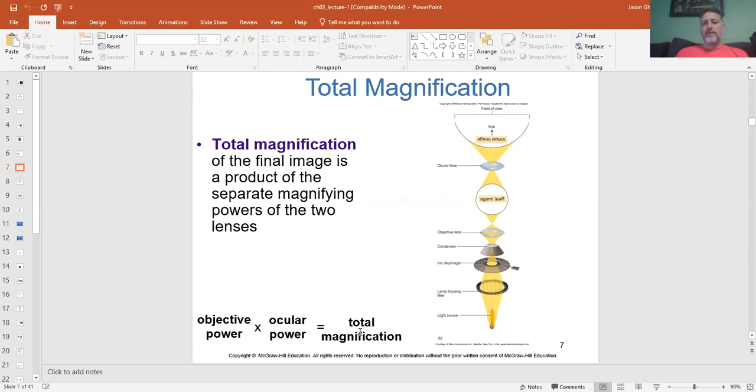Your objective lenses usually go 4 for scanning, so that gives you a total of 40. 10 for low power, so it gives you 10 times 10 is 100 in total magnification. 40 for your high power, which would give you 40 times 10, so 400 for your total magnification. And then in microbiology, we use what we call oil immersion lenses, where the objective lens is at 100 magnification, so 100 times 10 is 1,000 at this point.